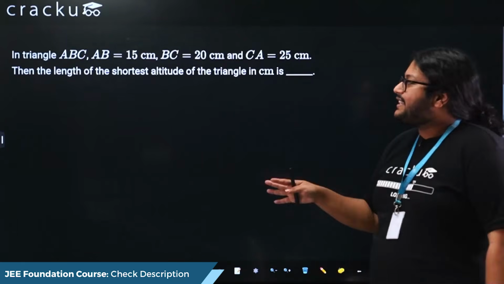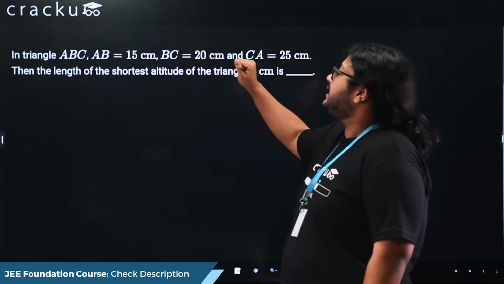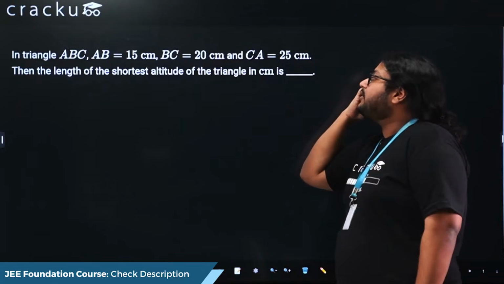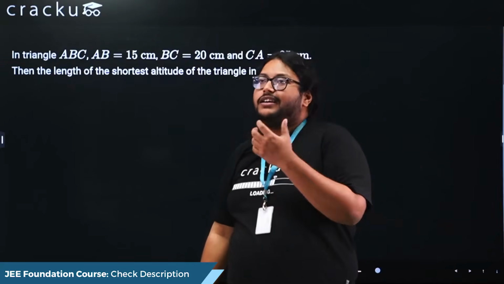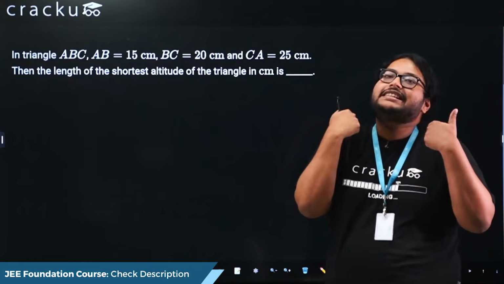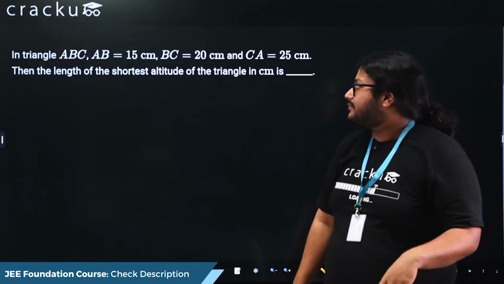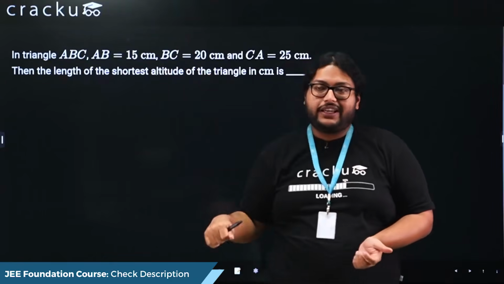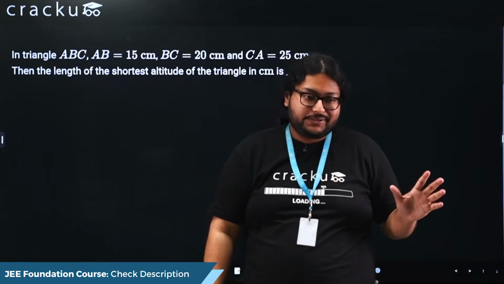Okay, so in this question we are told that in triangle ABC, AB equals 15, BC equals 20, CA equals 25, then the length of the shortest altitude of the triangle in centimeters is. Seeing these numbers 15, 20 and 25, the first thought that should come to your mind is that these are Pythagorean triplets, right?